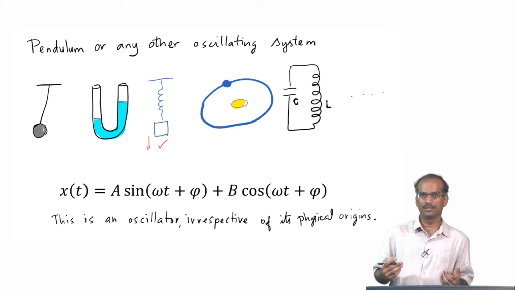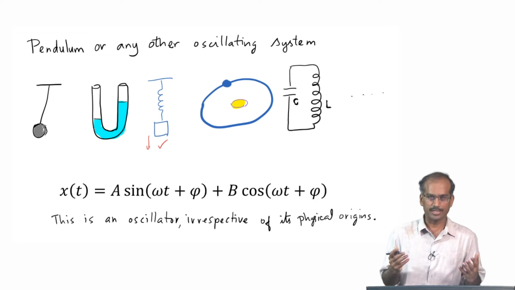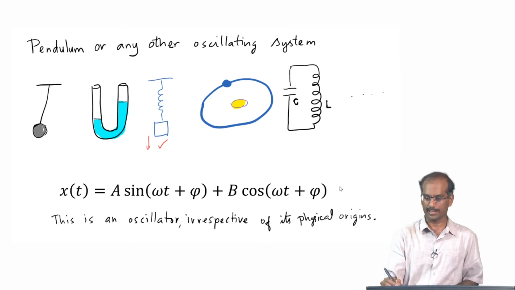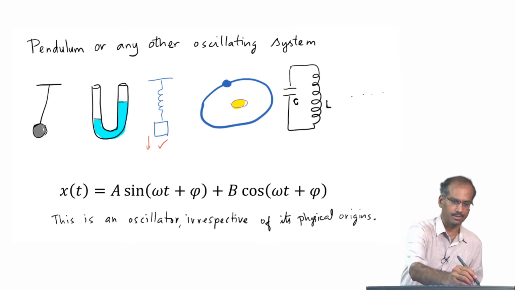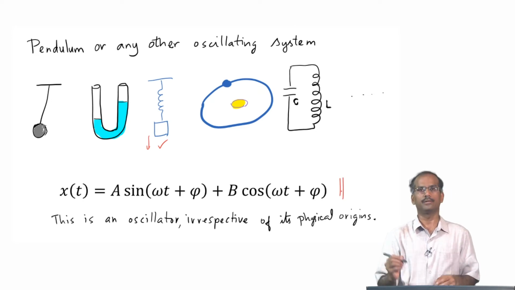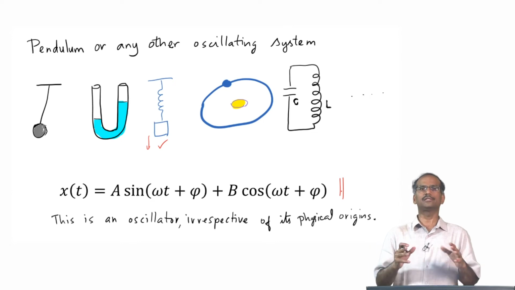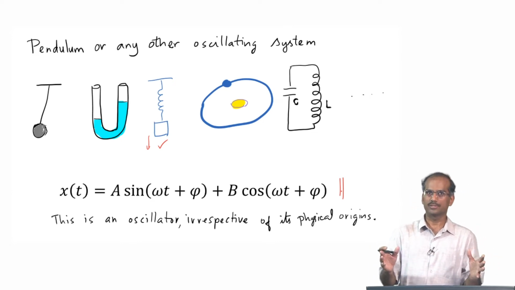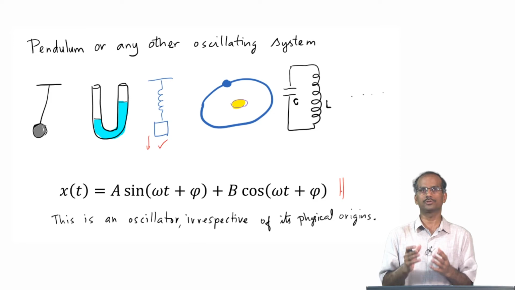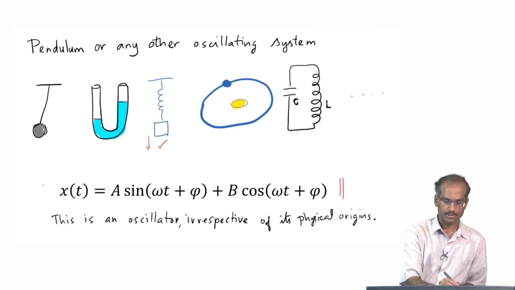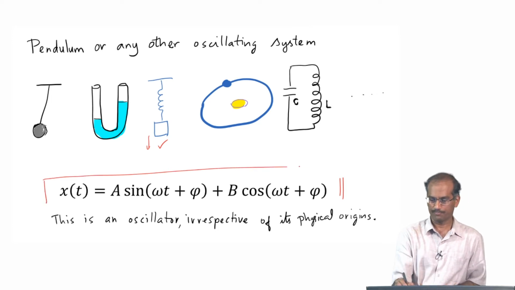We could straight away write down the solution, just the way I have already written it down here. It does not matter what the system is, as long as it shows oscillatory behavior, and in the limit of small oscillations I can always assume that the solution is of this form.